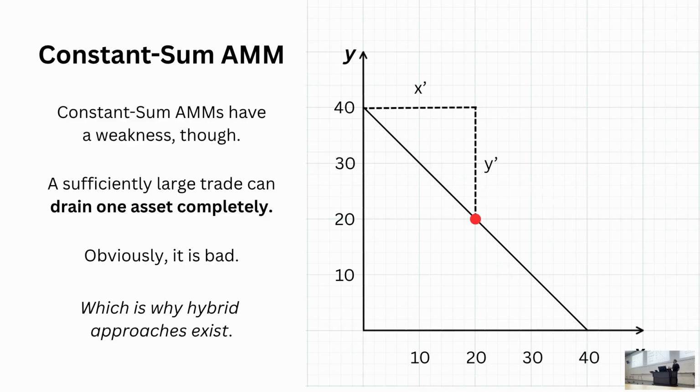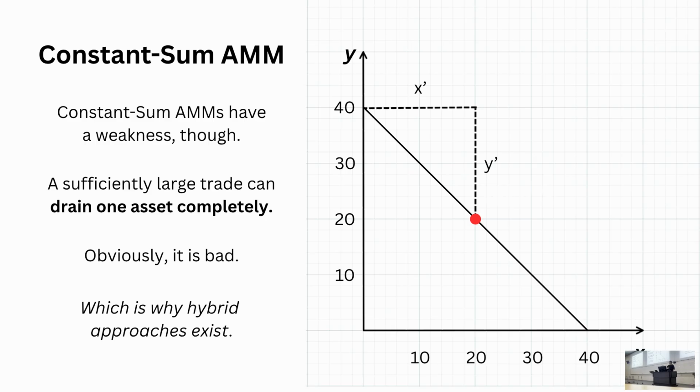However, it has a problem that a typical constant product AMM doesn't have: you can completely drain out one side of the liquidity. If you started with 20 and 20 supplies and traded, with either y prime or x prime being equal to 20, let's say you bought x. If you bought x, it means that the x amount got reduced by 20, and the new amount of x in the pool is what?